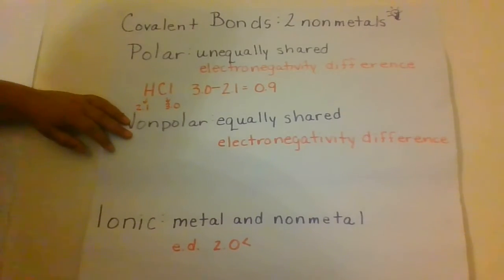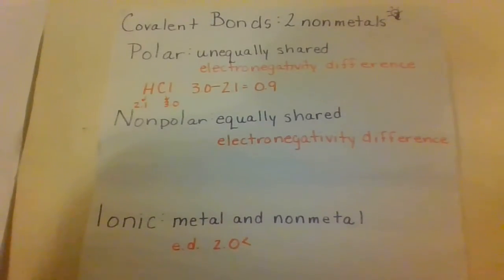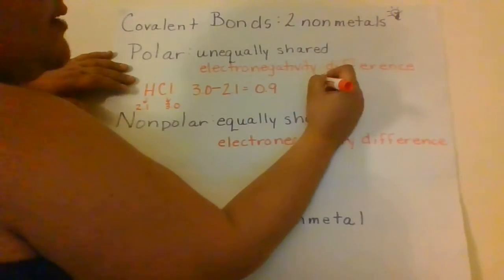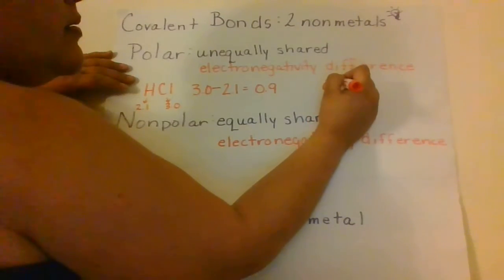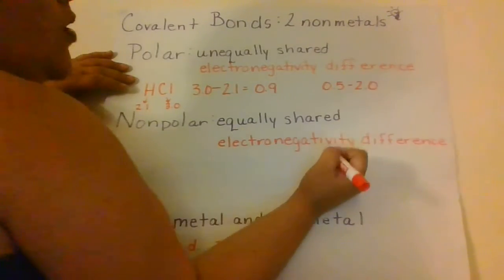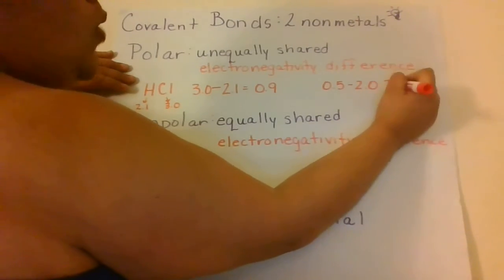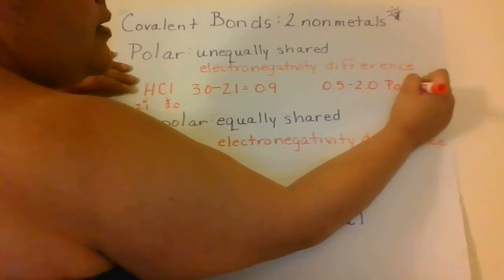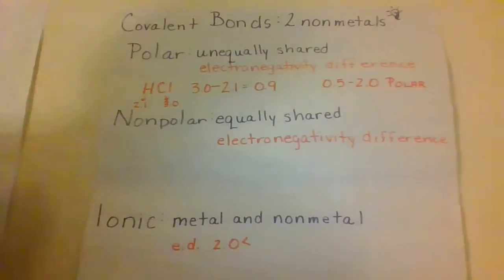Well, according to the definition of electronegativity, when dealing with the difference of them, anything that falls within the range of 0.5 to 2.0 is going to be a polar bond.